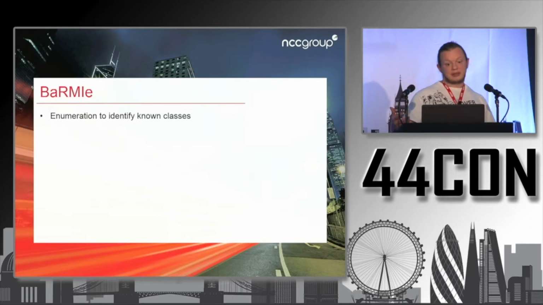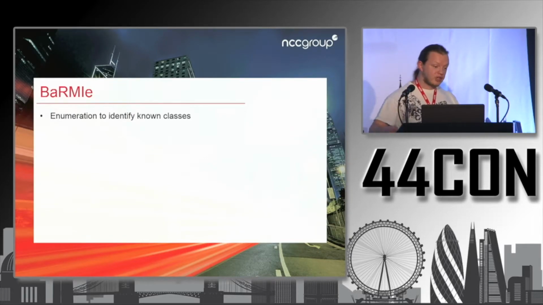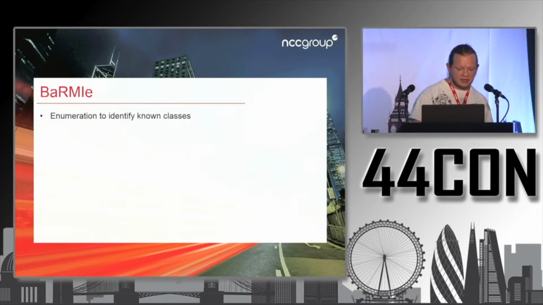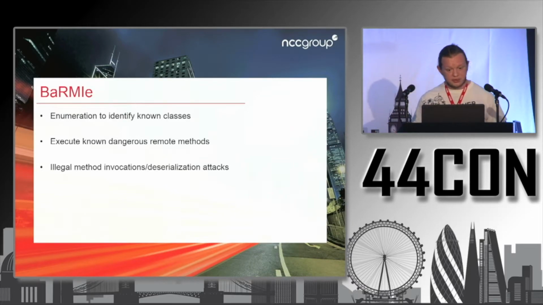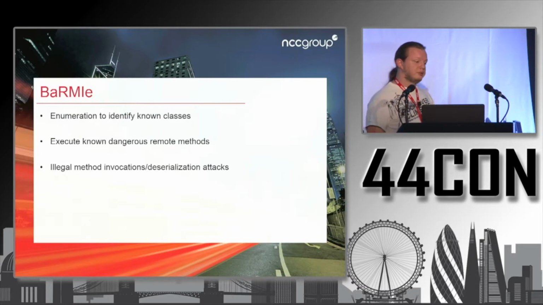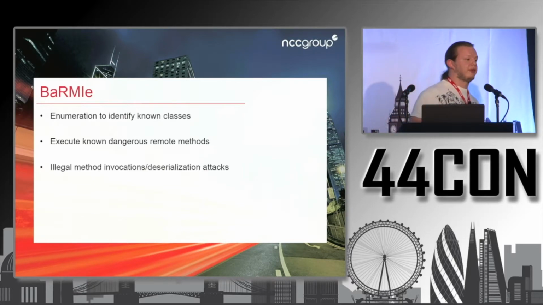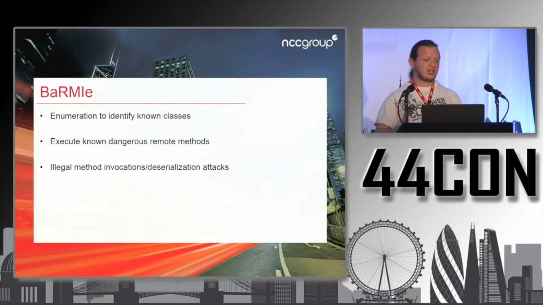So we can enumerate remote classes, so we can find which attacks we can perform, if you like, which methods we can call. And where there aren't dangerous methods, like in the ColdFusion example, we can look at whether the application uses any Java libraries that would enable us to perform a deserialization attack.